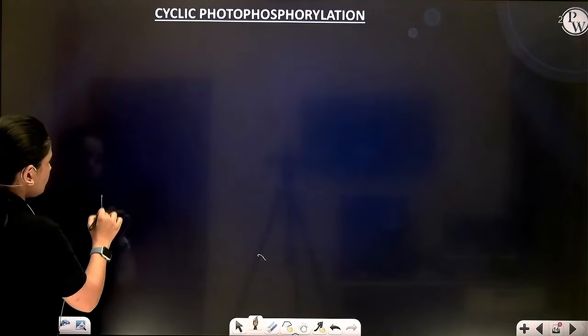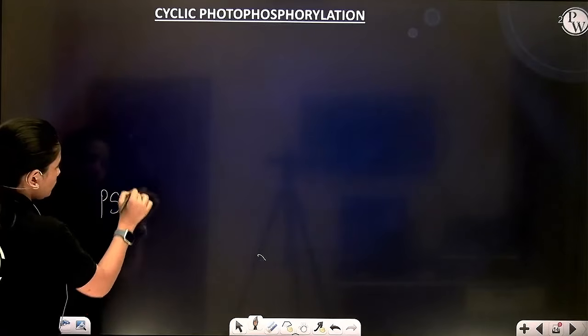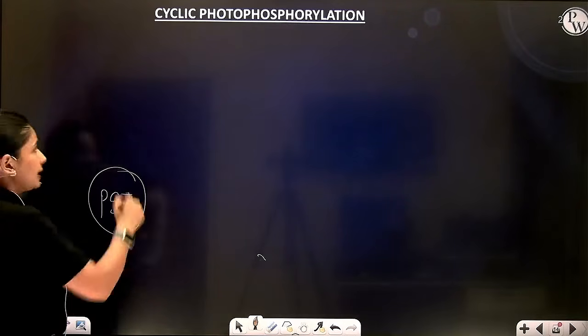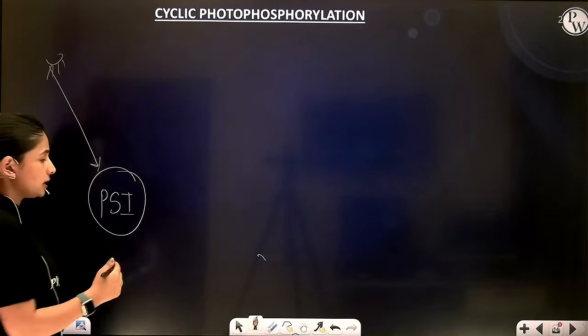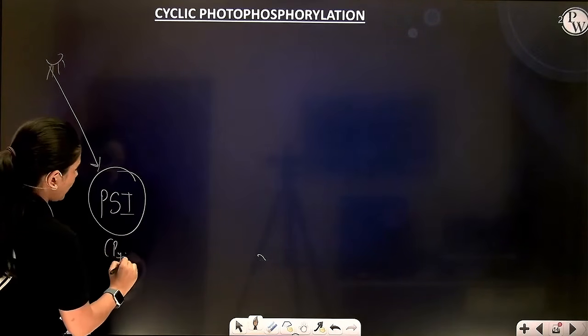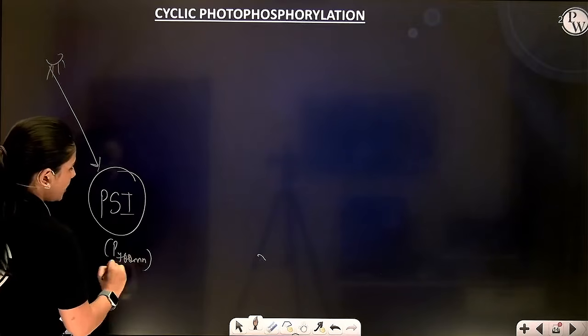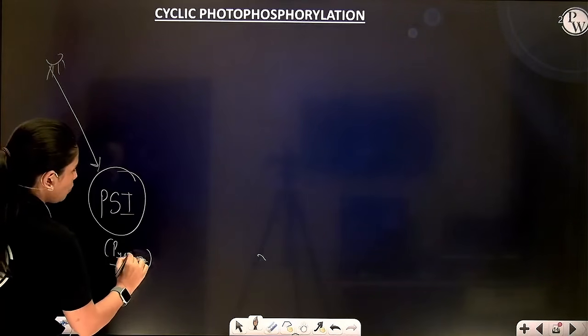Only photosystem 1 operates. So this is photosystem 1. There is sun during daytime. So photosystem 1 accepts light of up to 700 nanometers, because of which what happens?